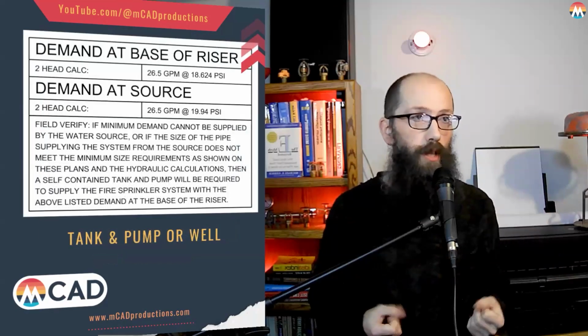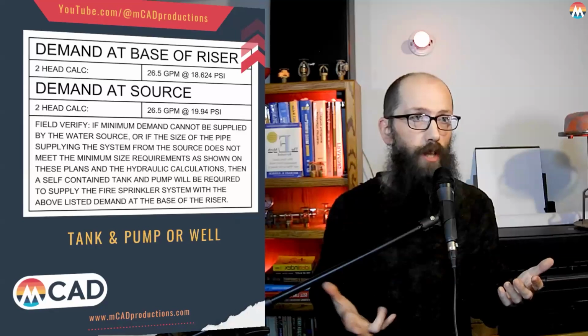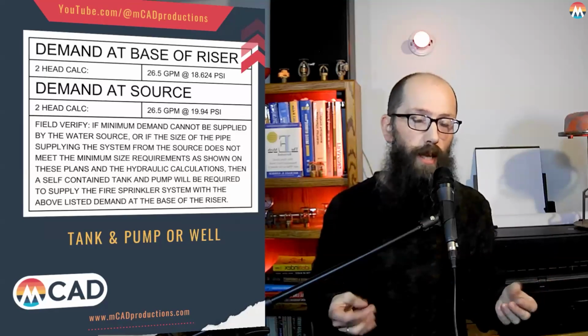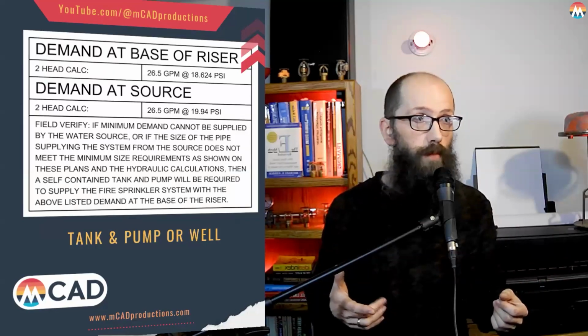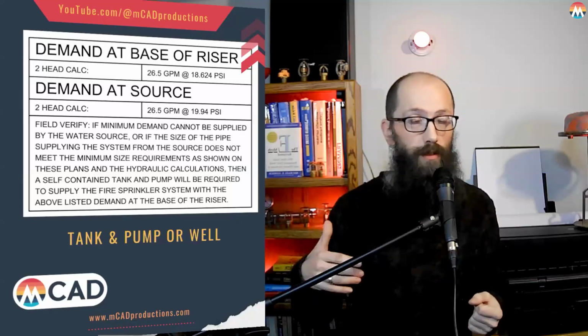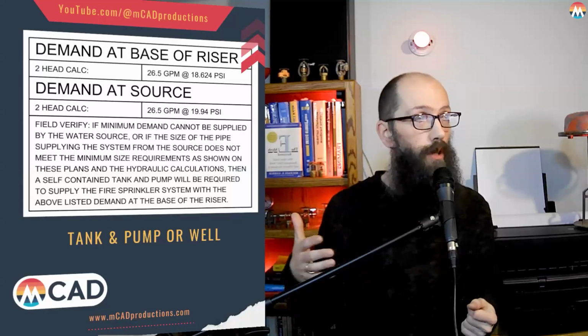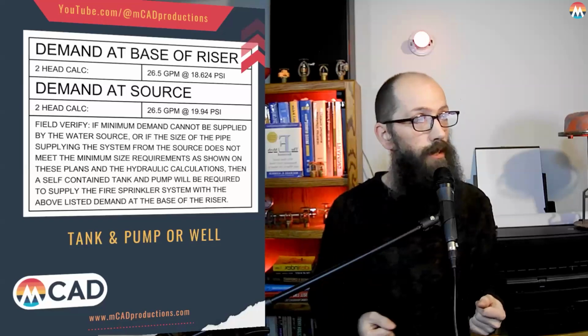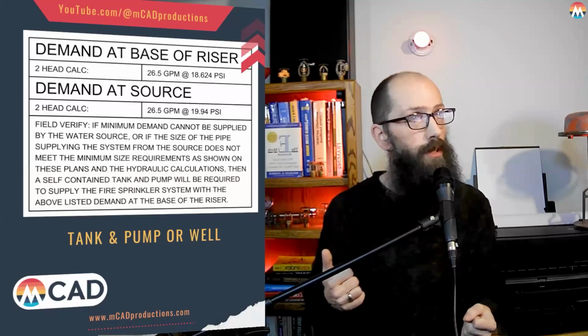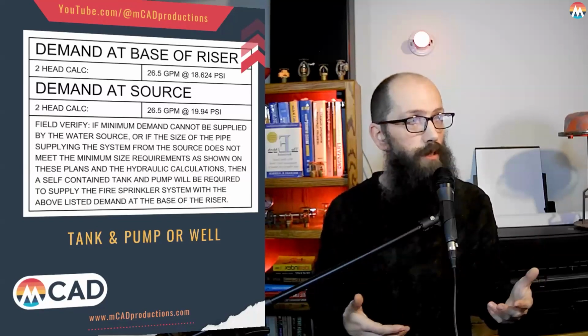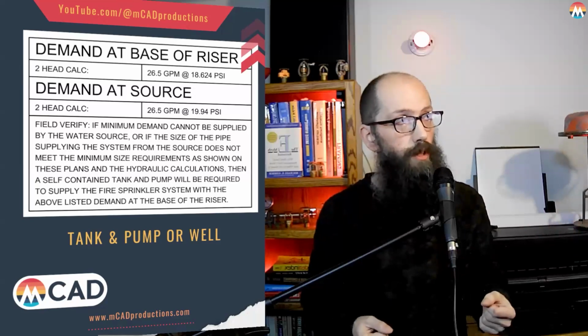This is the one that we have an alternative version if they don't have a typical water supply with a static residual pressure and flow like we talked about in the calculations last week. So this is like what we had on our project with the tank and pump.